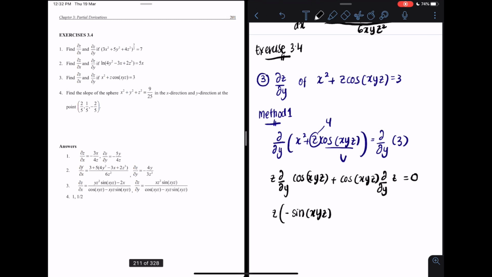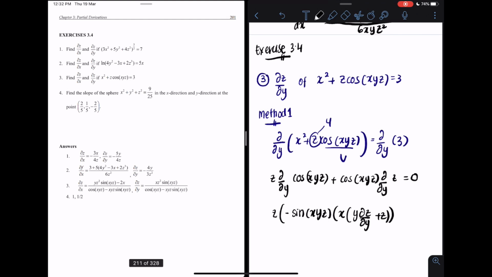So I will have to factor x out since x is a constant, and then I will get y del z del y plus z. Okay, you have settled the product rule of the argument of sine function.